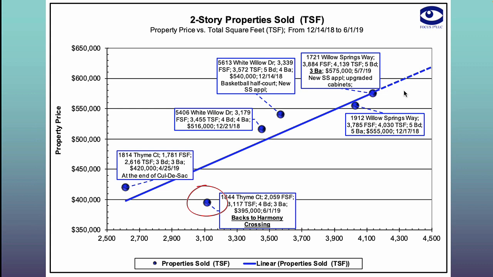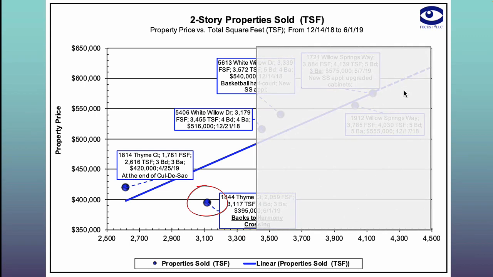So when you're doing that, what are you doing? You're hiding all this data up here because none of those properties are within 10%. In addition, you're hiding this data down here as well. So when you're looking to price this property, 1844 Time Court, you almost have no property comparisons within that same subdivision.